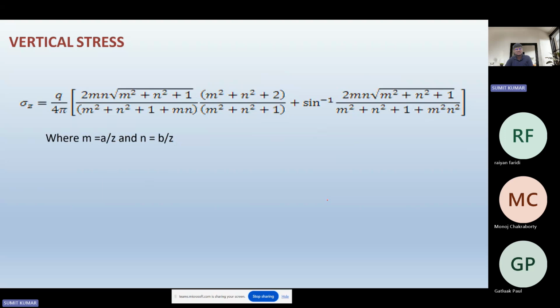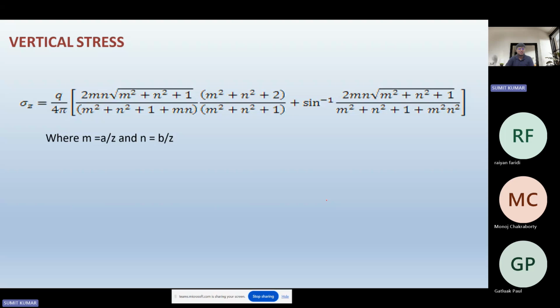This equation is not used very primarily, but okay, there is the equation. I don't see any problem associated with this that could ever be asked. But if it is asked, the formula must be given, but you need to understand what the values of m and n are.